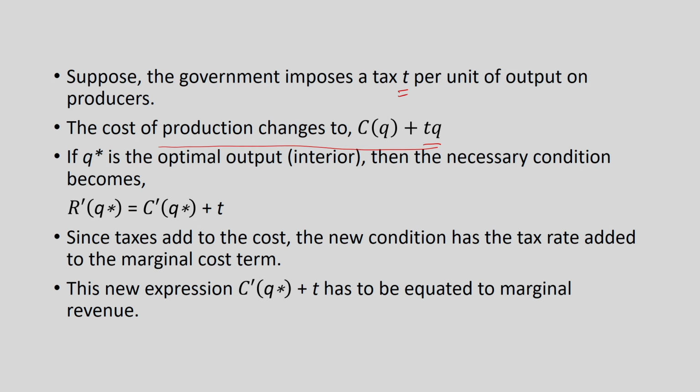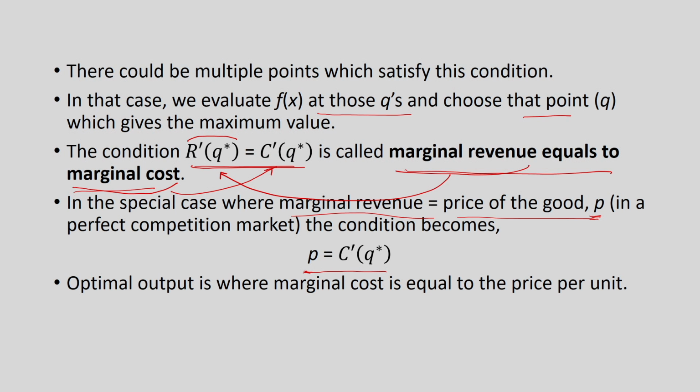Now, like before, if Q star is the optimal output which is an interior point, then the necessary condition becomes this, right. Notice it is similar to the previous condition. What was the previous condition? This was the previous condition: R dash Q star is equal to C dash Q star.